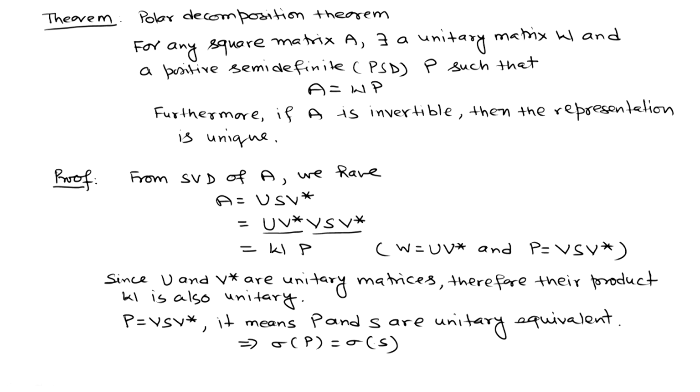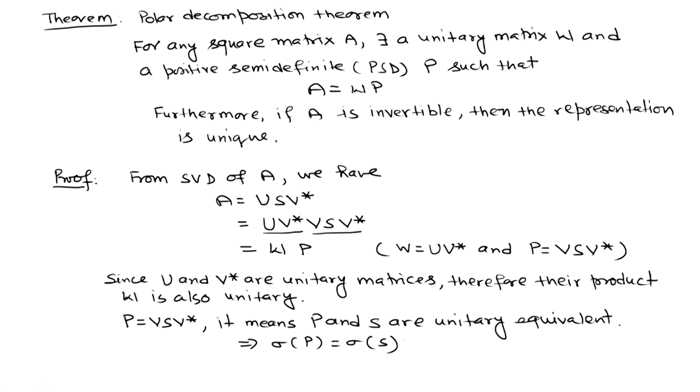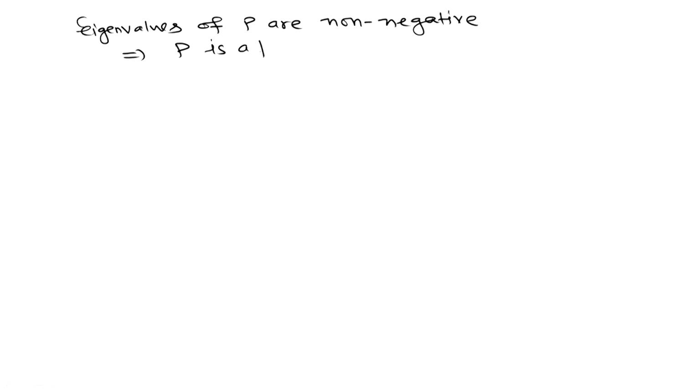Now, the eigenvalues of S are the singular values of A, and singular values are always non-negative. This implies the eigenvalues of P are non-negative, and if the eigenvalues of a matrix are non-negative, it means the matrix is a positive semi-definite matrix.